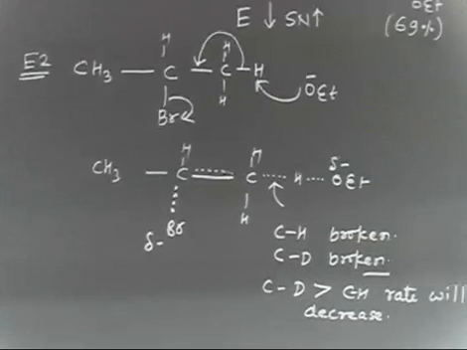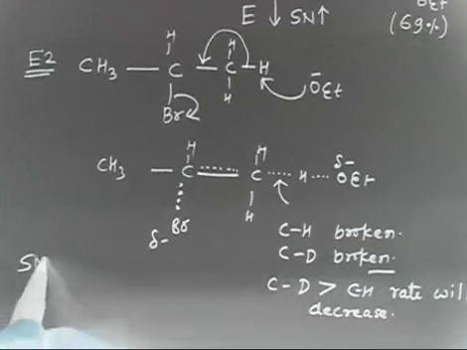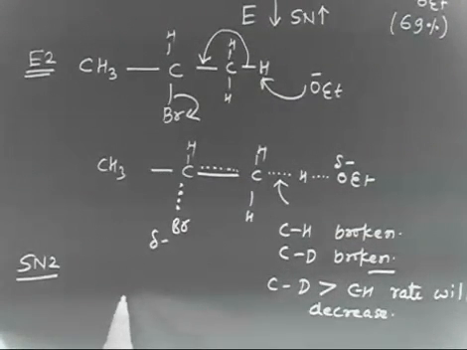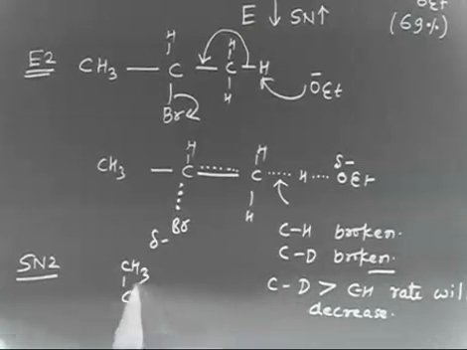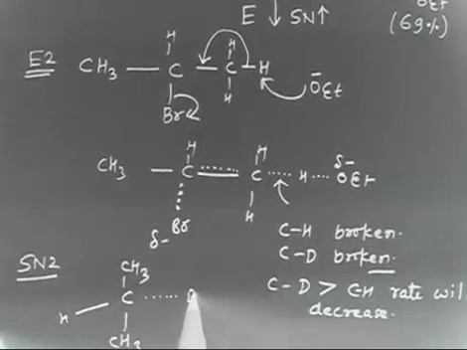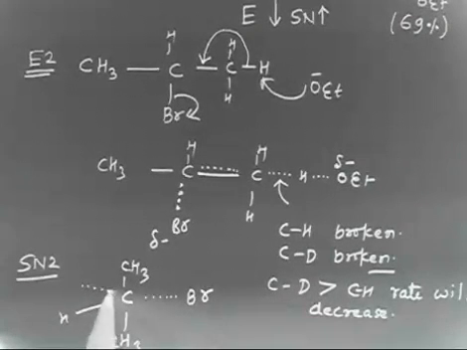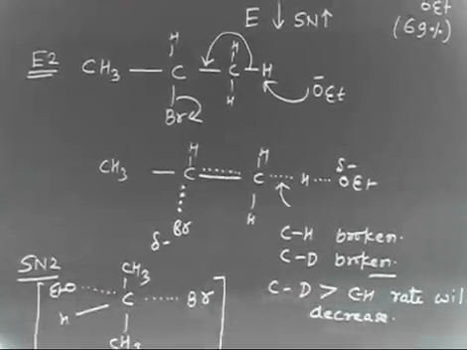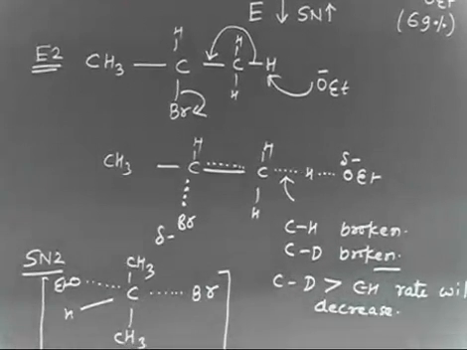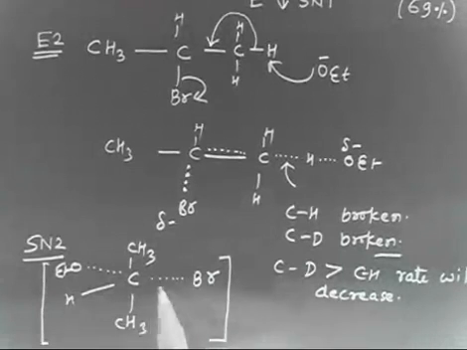But if you see the SN2 mechanism, what is the transition state? You have CH3 here, you have CH3 here. Here you have hydrogen, and what happens? Bromine goes and some nucleophile attacks. So this is your transition state for SN2. In this case the carbon bromine bond is important.